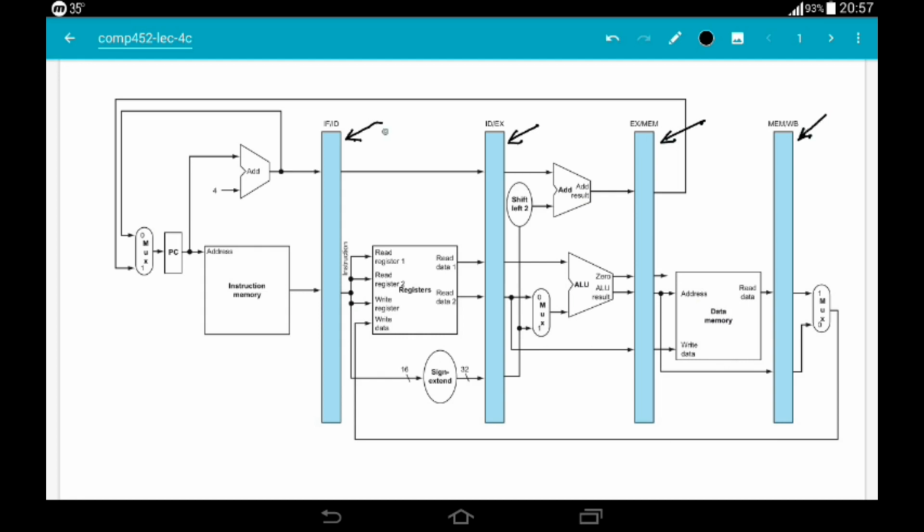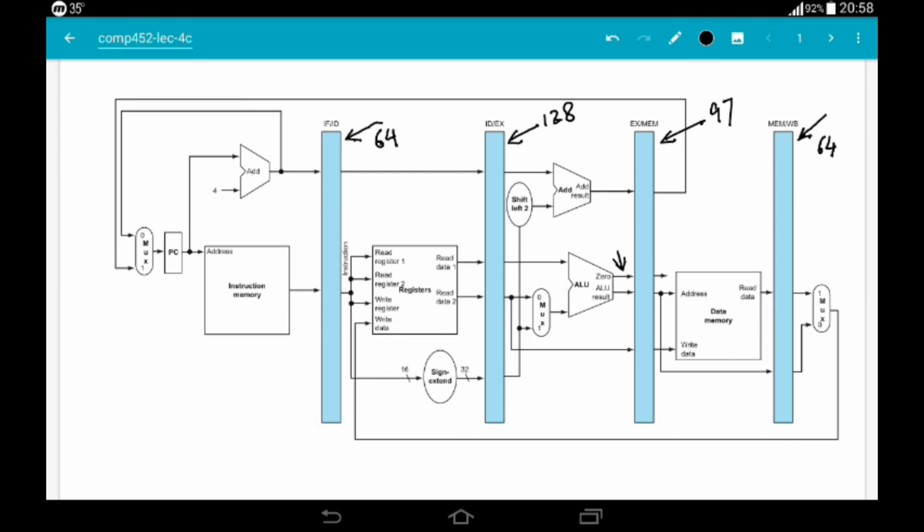If you remember, this is a 64-bit register, this is a big register, 128 bits, and then this is a 97-bit register, 97 because this is a 1-bit flag, the 0 flag, and this is also a 64-bit pipeline register.